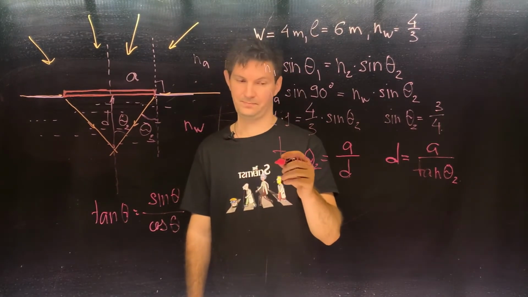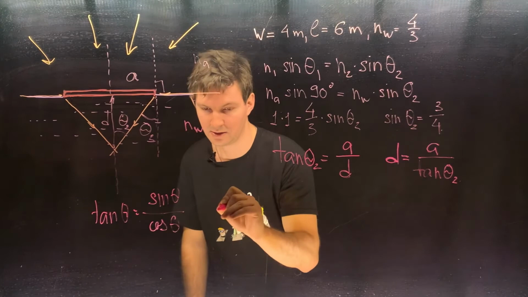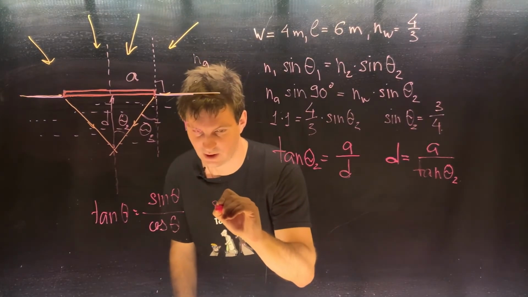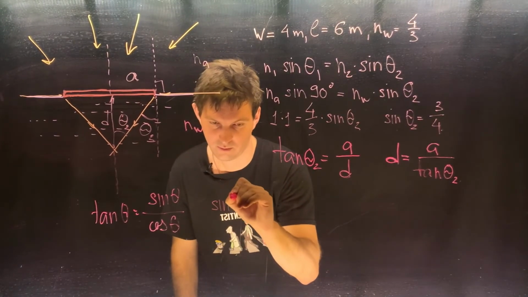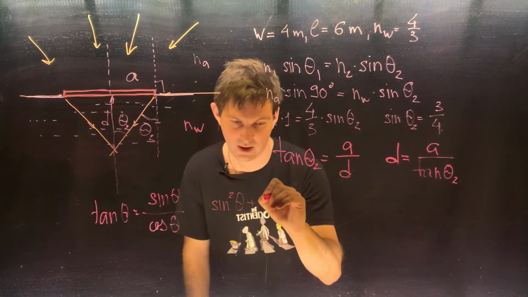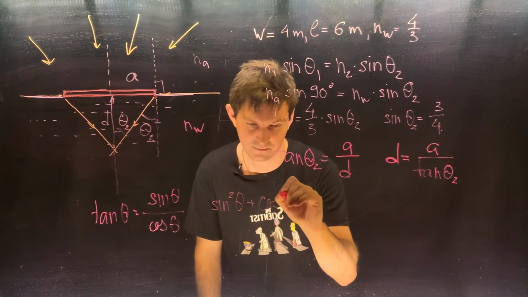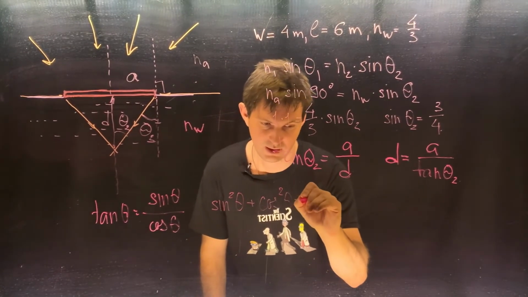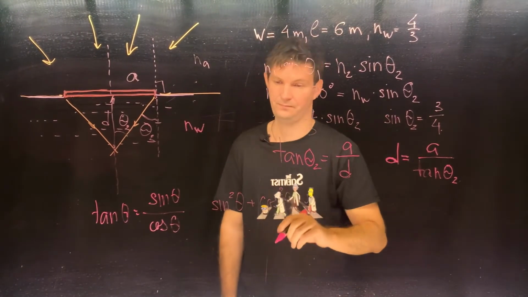We know that the Pythagorean identity is square of the sine plus square of cosine of theta equals 1.